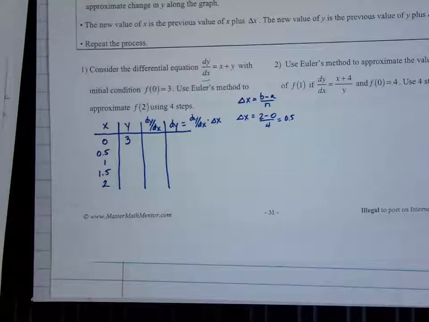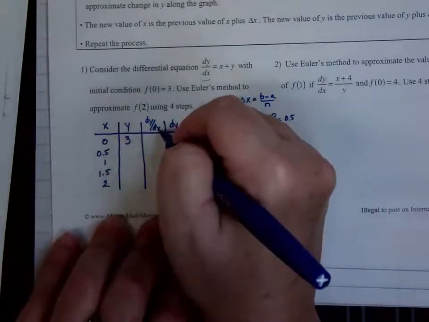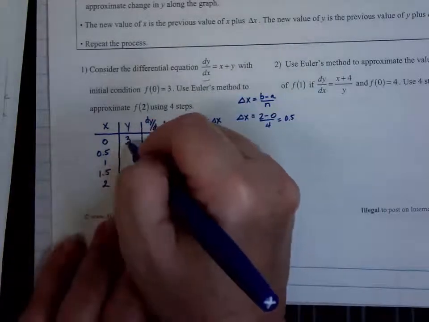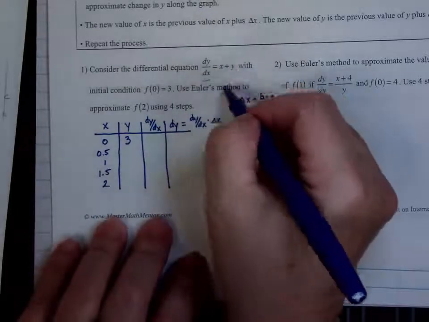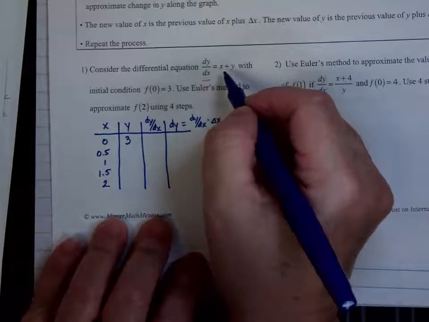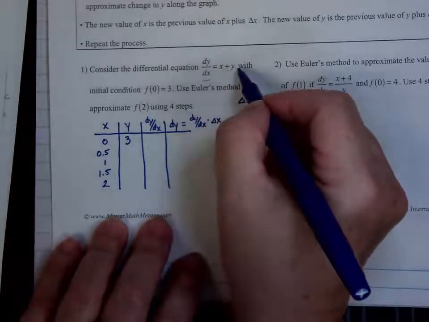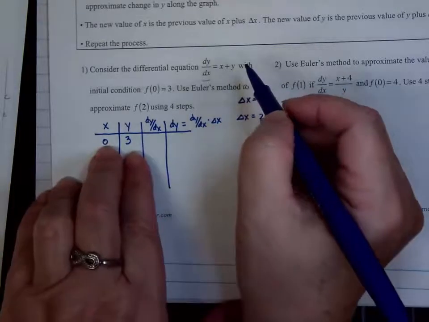All right. Now we begin the process. We first calculate dy dx for this specific point. Now remember, here's the formula for dy dx, just like we did when we plotted the little line segments last class. Dy dx is the x-coordinate plus the y-coordinate. So what is the x-coordinate plus the y-coordinate? 3.